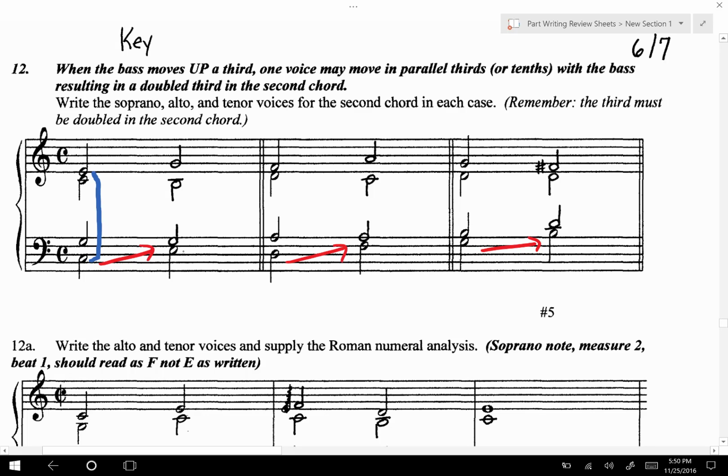C to E, moving to an E to a G. In the next chord, we have an E to a G, moving to a D and then an F. Next chord, D to F, going from an F to an A. So I'm just bracketing my parallel tenths, or my parallel thirds. Next measure, G to B, B to D. Spell your triads.